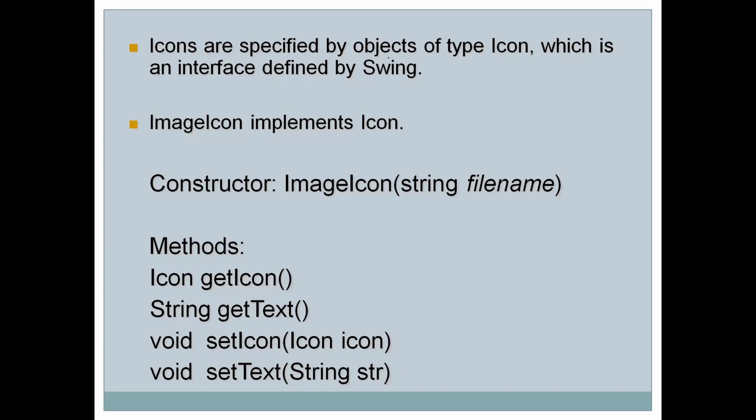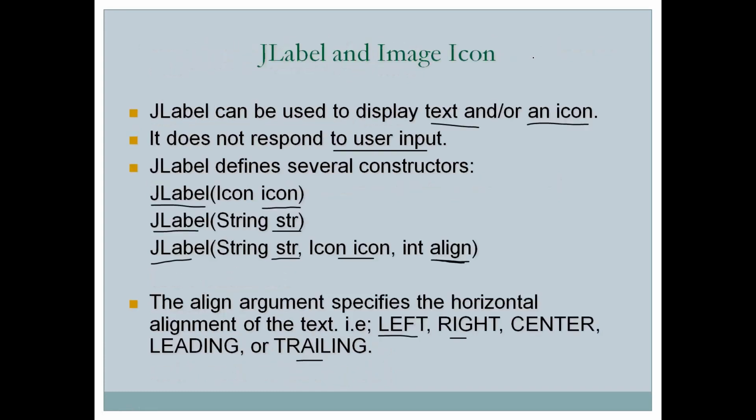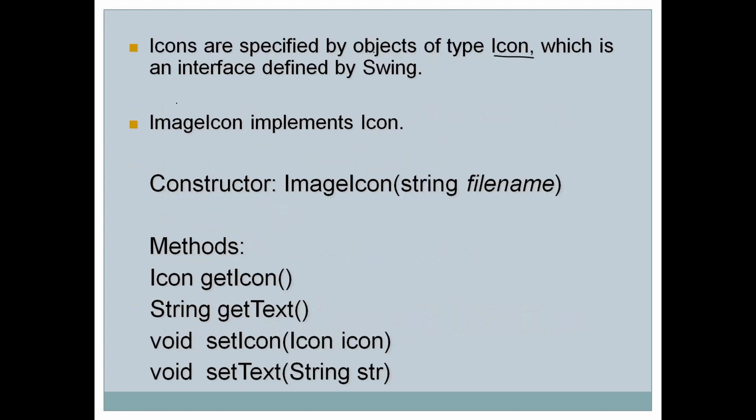Icons are specified by objects of type Icon. To the constructor of JLabel, we have to pass an icon, right? So how can this icon be created? Icons are specified by objects of type Icon, which is an interface defined by Swing. And as we know about interfaces, an interface only contains abstract methods and final fields.